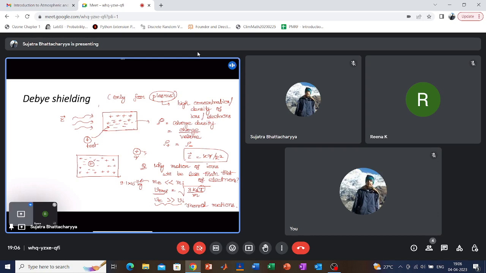Now this thermal motion will not properly form this electron cloud around these positive charges. Now had the thermal motions been less, more beautifully the electron clouds can be seen surrounding the test charge which is introduced.